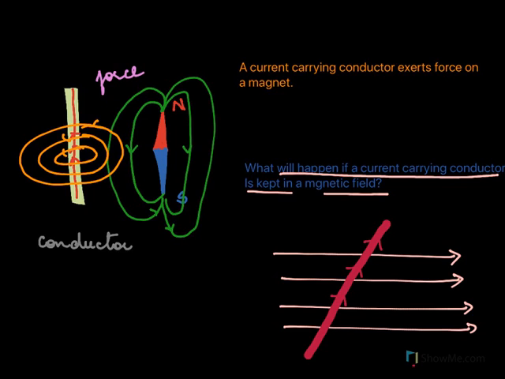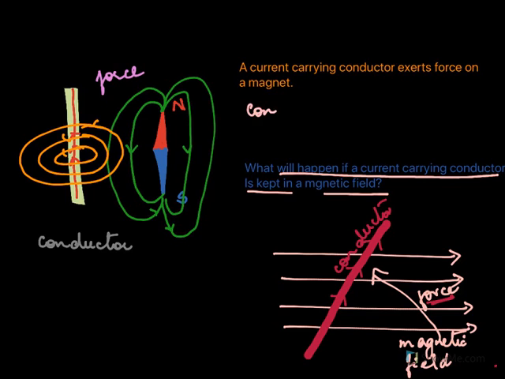This magnetic field will exert a force on this current carrying conductor, just like in this case the current carrying conductor exerts a force on the magnet.